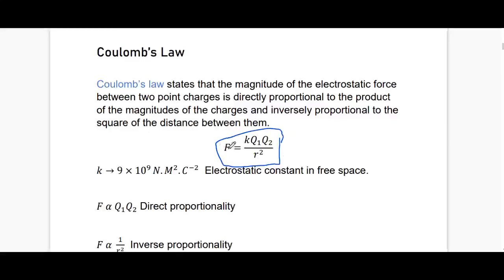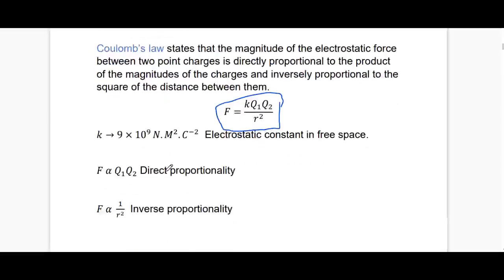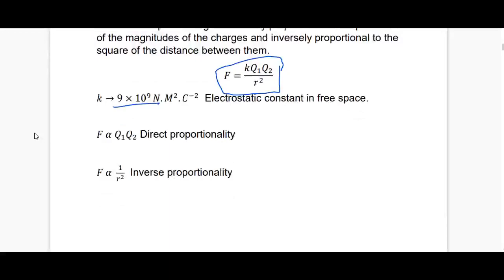K is what we call the electrostatic constant in free space, and it is given by that constant.